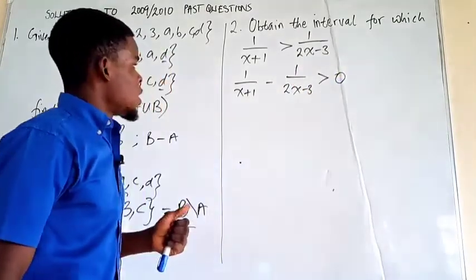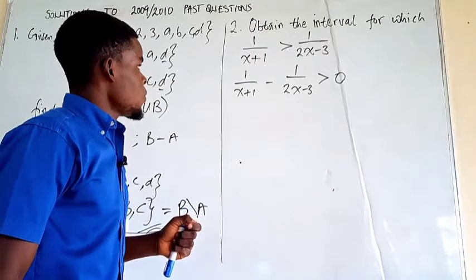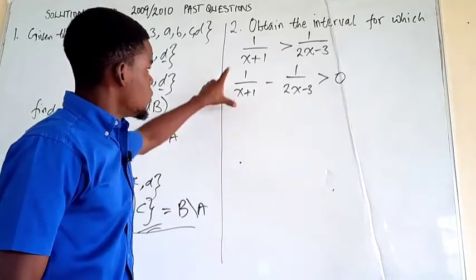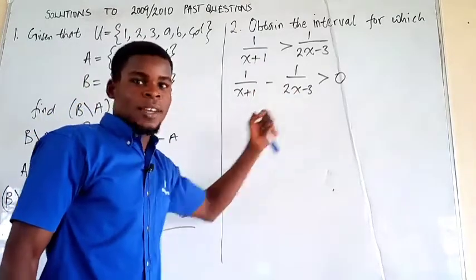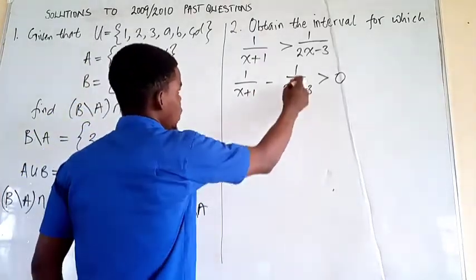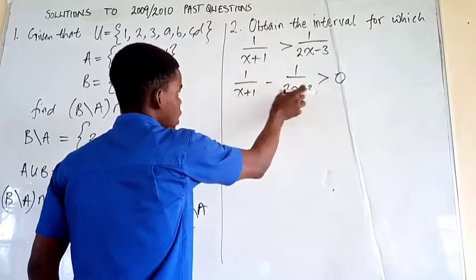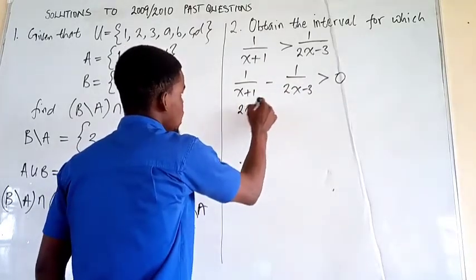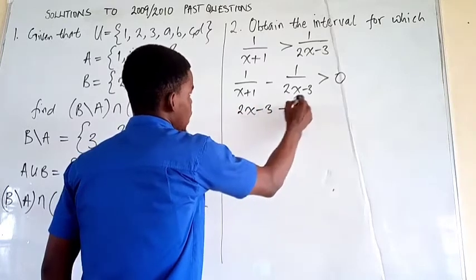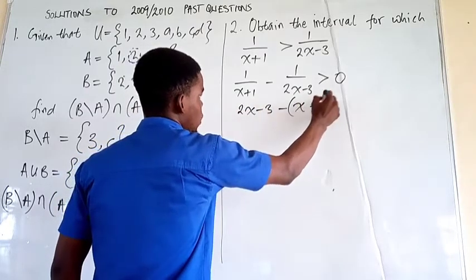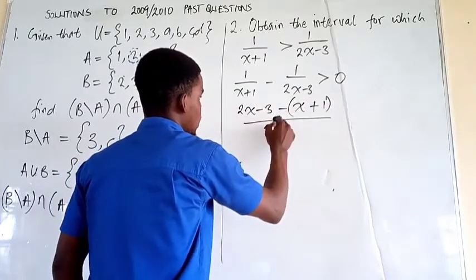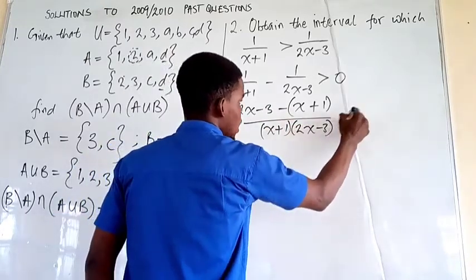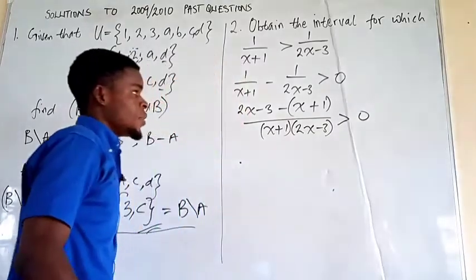I'm just subtracting the expression on the right-hand side of the inequality from both sides. The next thing I would like to do is take the LCM. Multiplying this with this, and then multiplying the denominators, I'll be having 2x minus 3 minus x plus 1, divided by x plus 1 times 2x minus 3, and that is still greater than 0.